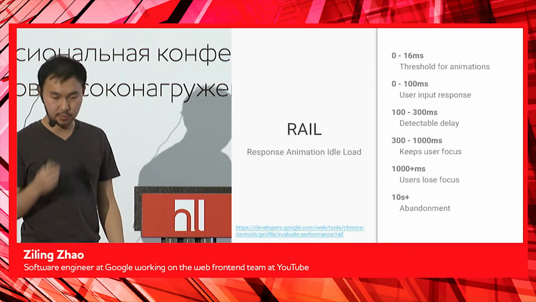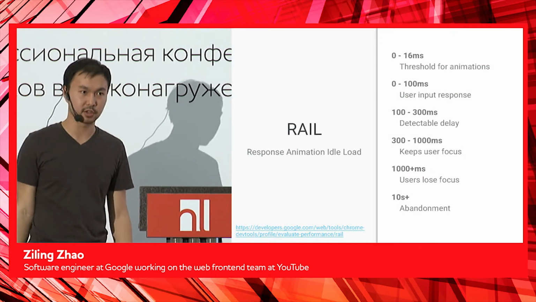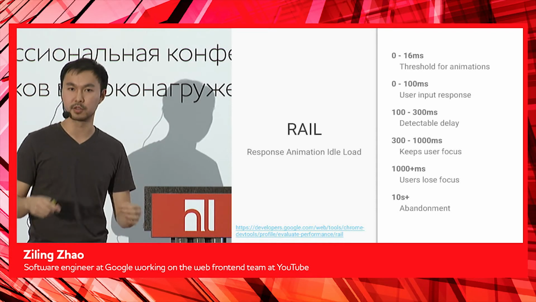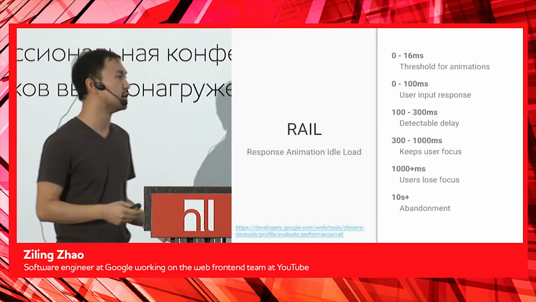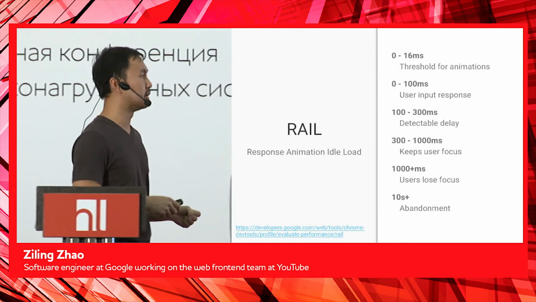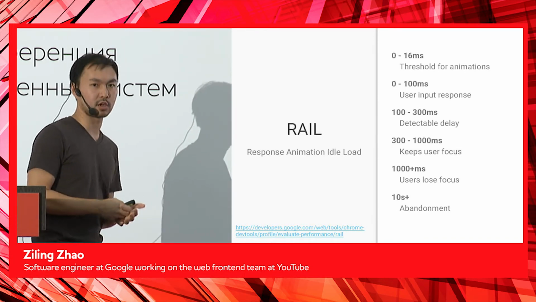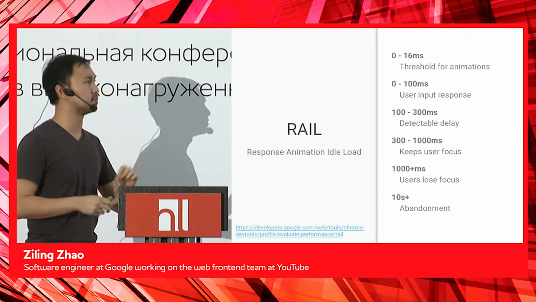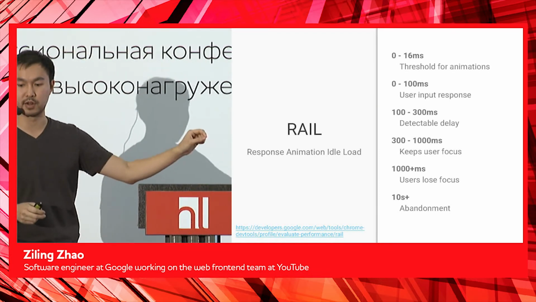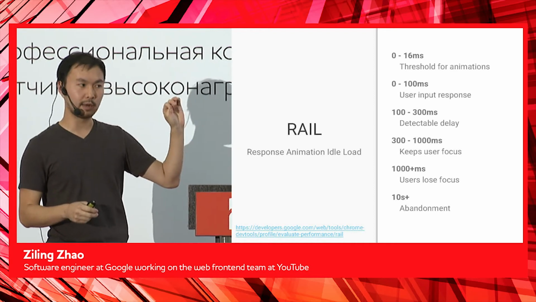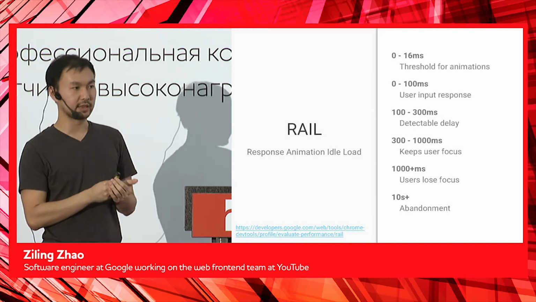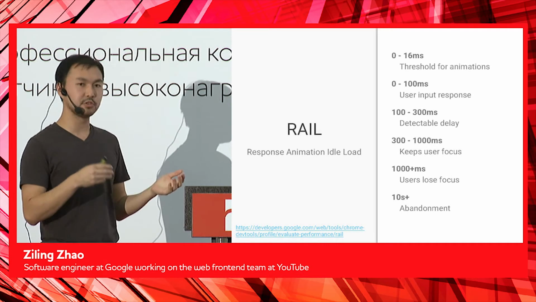So the Chrome guys are pushing this new model. It's called RAIL. And these are the timings that they want people to use, that they're going to try to optimize for, and they're going to put in tools to help you improve your website. Their goals are, if you can get your JavaScript below 60 milliseconds, everything should be smooth for animations. And for the beginning of interactions, you're aiming for 0 to 100 milliseconds. That's user input response time.